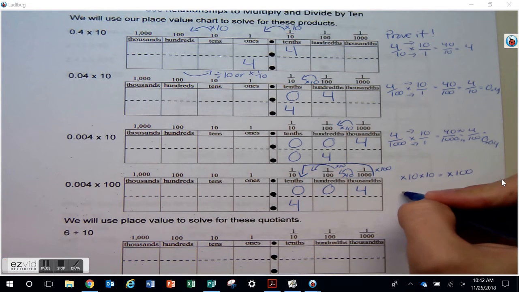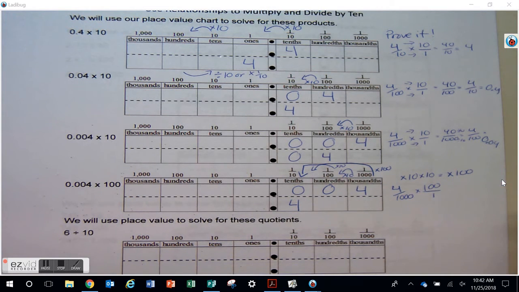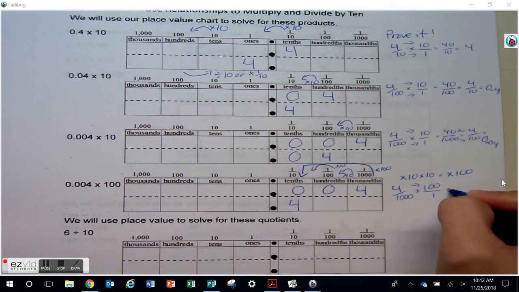So here, I multiply by 100, and I get to move 2 place values. So I have that 4 thousandths times 100 would give me 400 on top over 1,000. Divide by 100, divide by 100, we'd get 4 tenths.